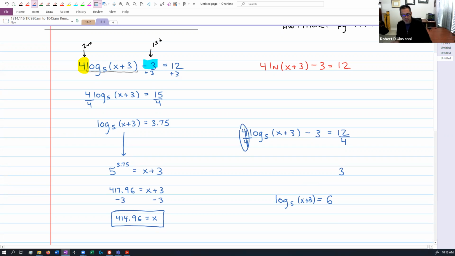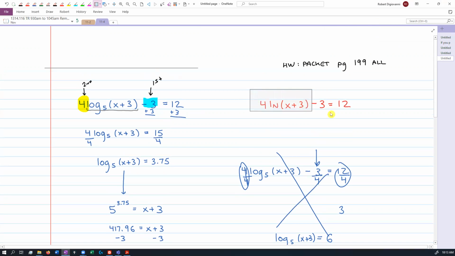And so you just did this and this, but you skipped that. To do it this way, you would have to have done this also. And then you would have had decimals, but it would have worked. I think you get yourself in a little more trouble this way than if you just move that 3 over first. Okay. Good?